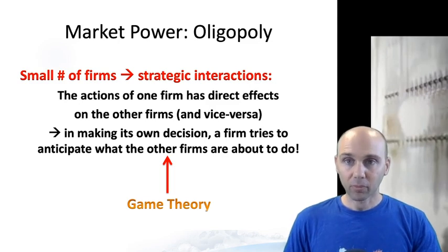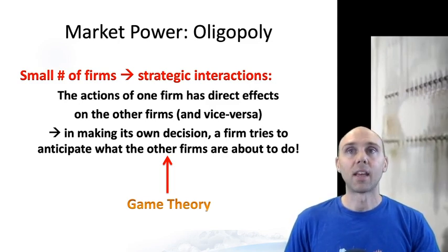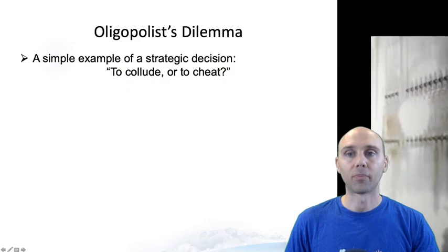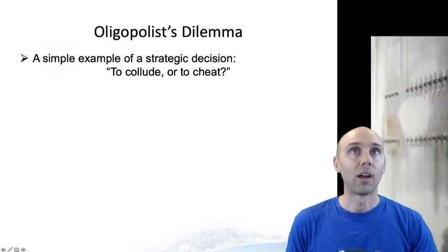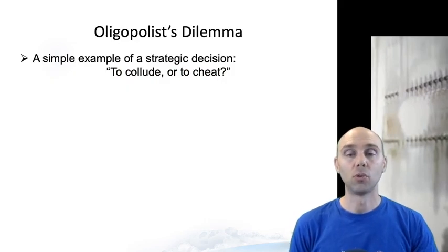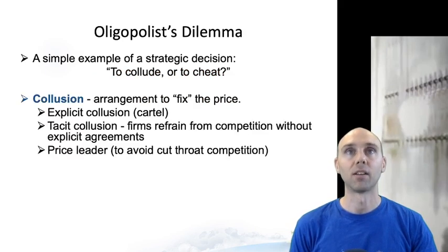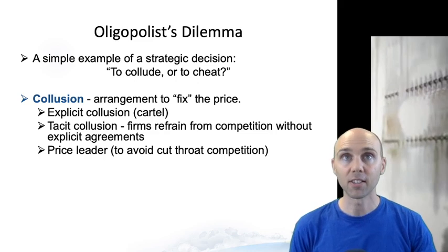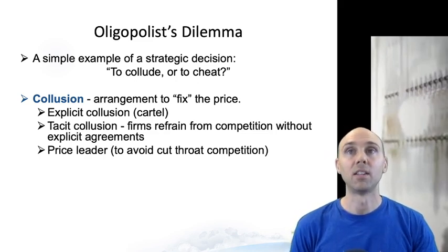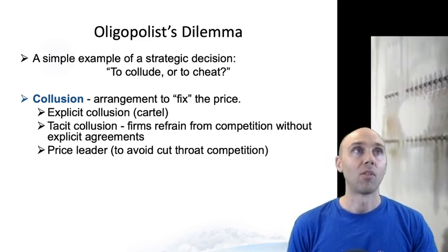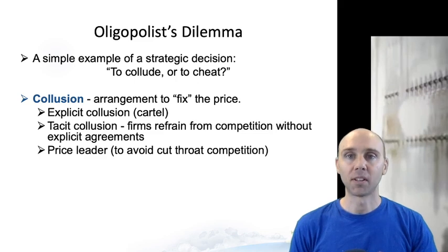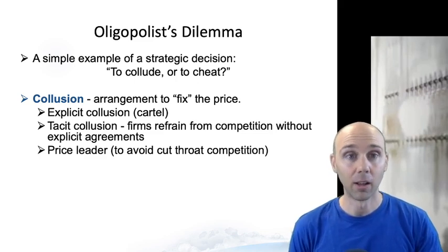Okay, so let's take a simple example now, whether or not a firm should collude or cheat against their partner. So collusion, you probably know, is an arrangement between firms to fix the price. It can be done in different ways. The most well-known is done explicitly. Then you have so-called cartels.